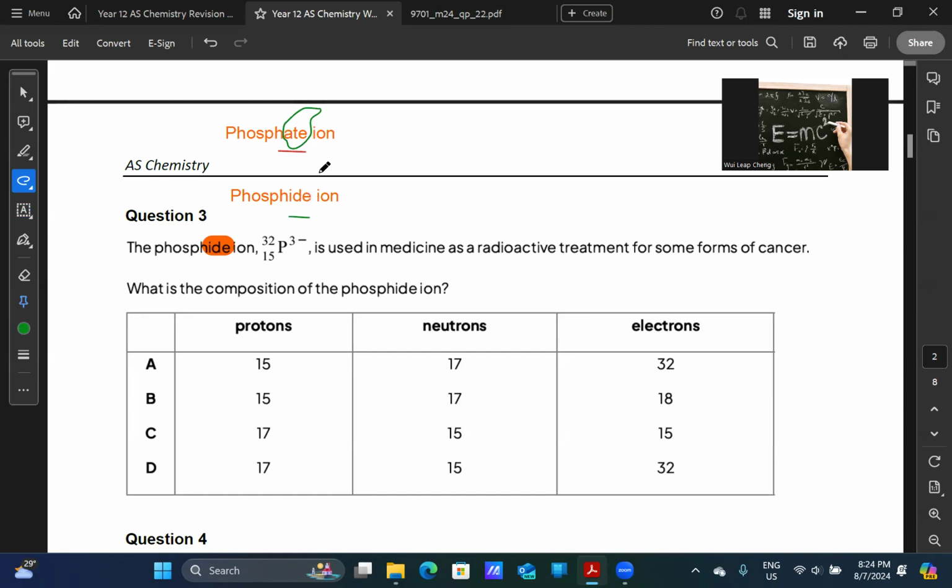Okay, ATE and IDE. What is the difference between phosphate ion and phosphide ion? When you see the ending ATE, this type of ion is a compound ion.